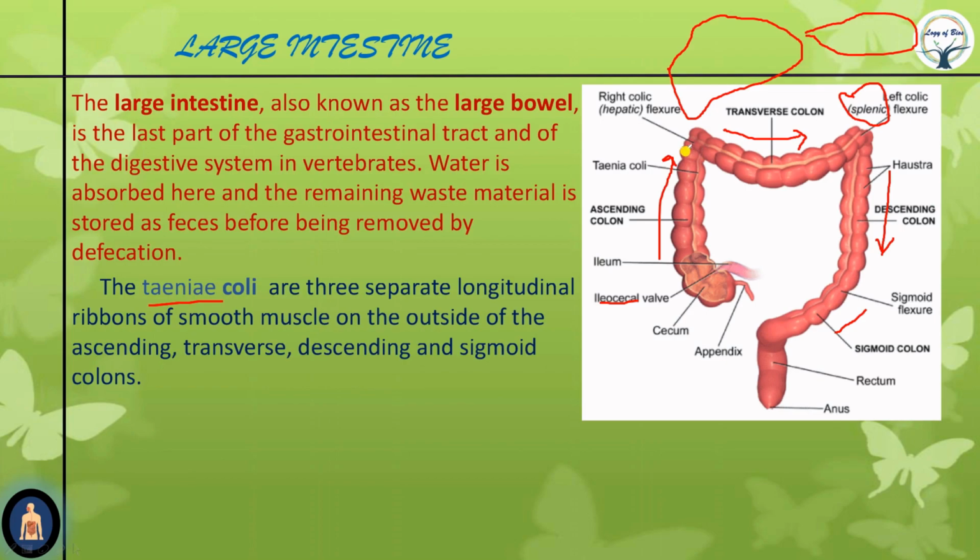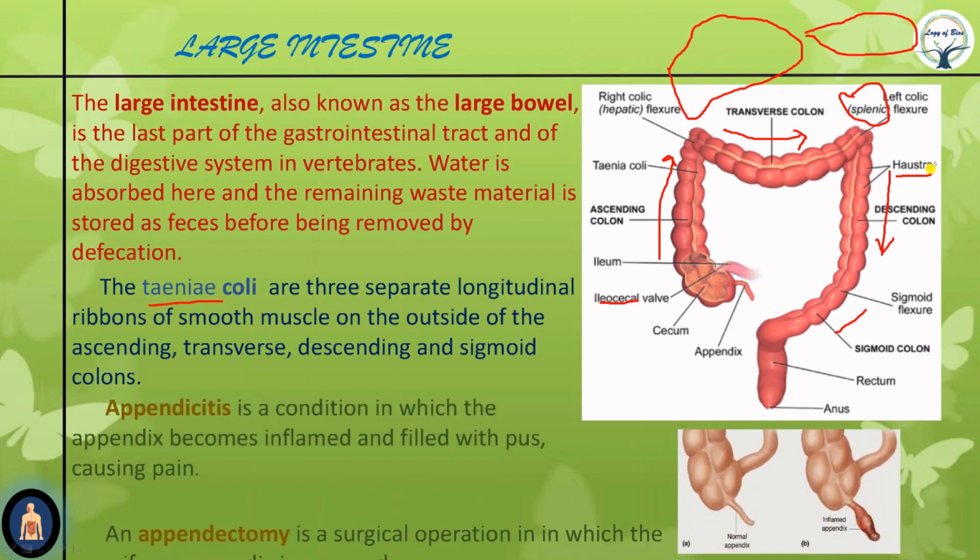As a result, taeniae coli contract the large intestine from both sides. As a result, pouch-like structures are formed. These pouch-like structures are known as haustra. Haustra are pouch-like structures of the large intestine which are formed due to the contraction of the large intestine, and responsible for the contraction is taeniae coli.